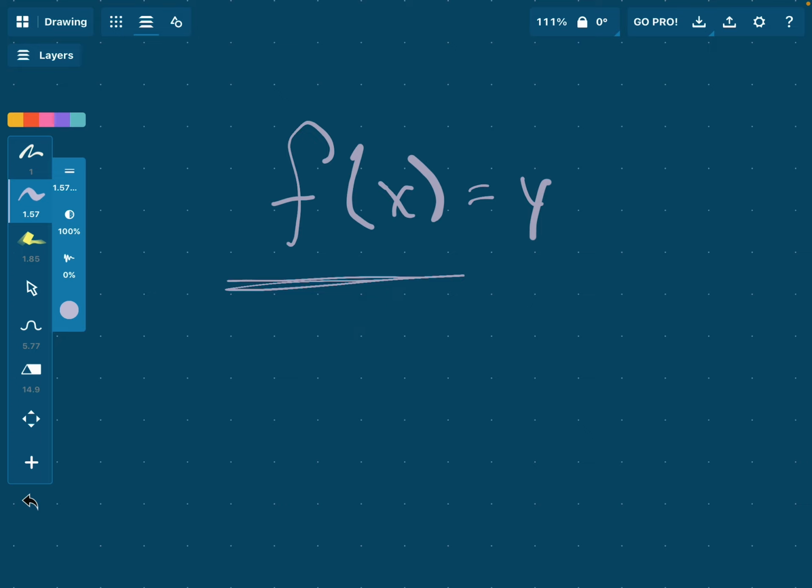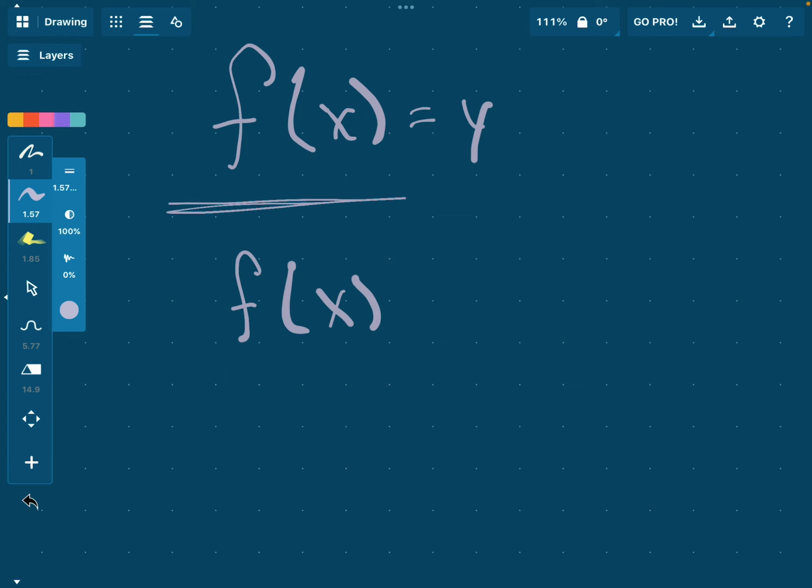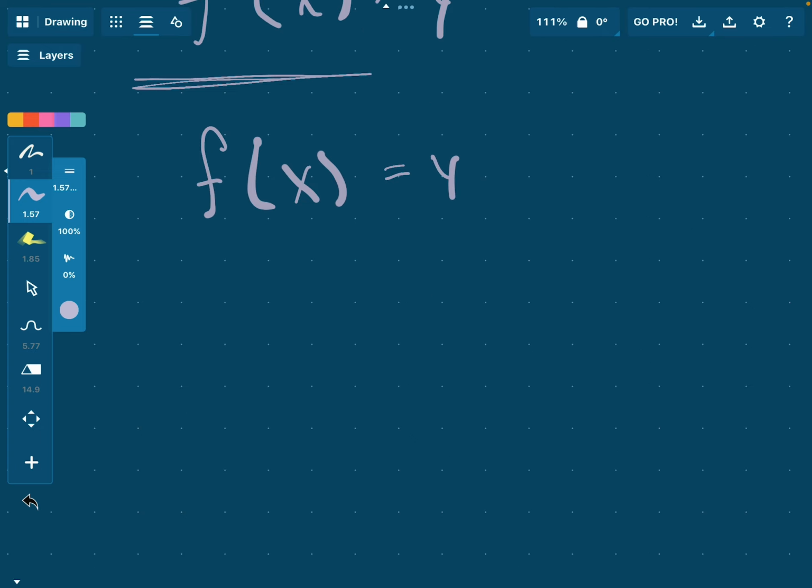F of x clarifies which variable is the independent variable. So f is our function on x is essentially what we're doing. So our function on x is equal to y. And what that means is x is our independent variable and y depends on x.